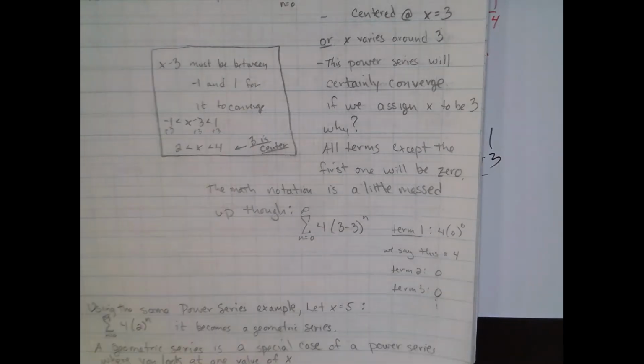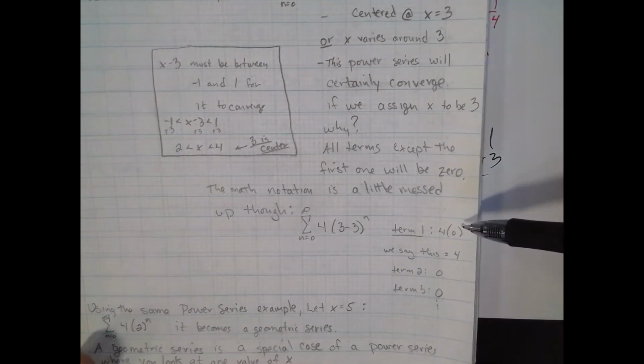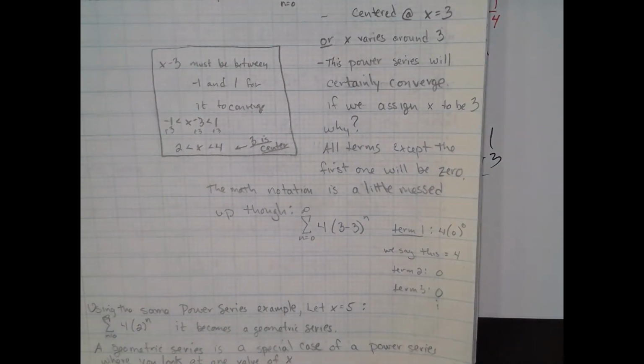Kind of like earlier today, we talked about factorials. 2 factorial is 2. 1 factorial is 1. 0 factorial, what? What's 0 factorial? It's 1, because it just works better when it's 1. So in this problem, it works better assuming that 0 to the 0, I don't know what the proof is, but it is 1.